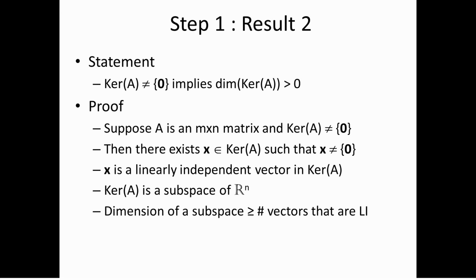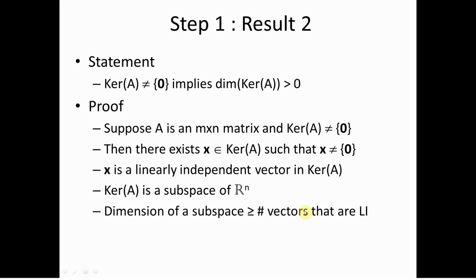So the dimension of the subspace is always going to be greater than or equal to the number of vectors that are linearly independent in that subspace. Because again, remember, we can never have more linearly independent vectors than we can have basis vectors. So the dimension is the number of basis vectors.